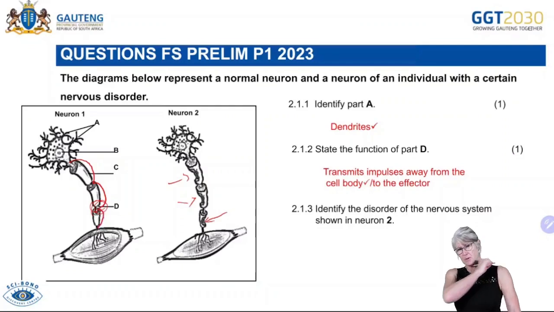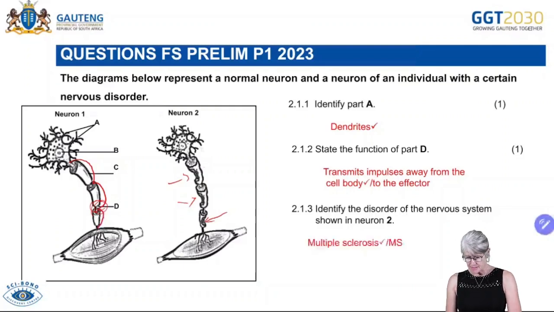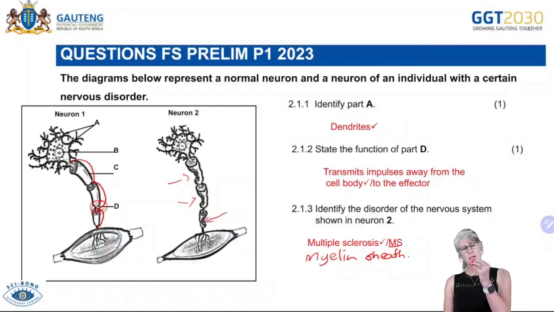So that means that the impulse moves very quickly. So now we can see this is damaged, and that is known as multiple sclerosis, or we call it MS. And remember, it's easy to remember multiple sclerosis, because it's the myelin sheath that is damaged. So it's multiple sclerosis because the myelin sheath is damaged.